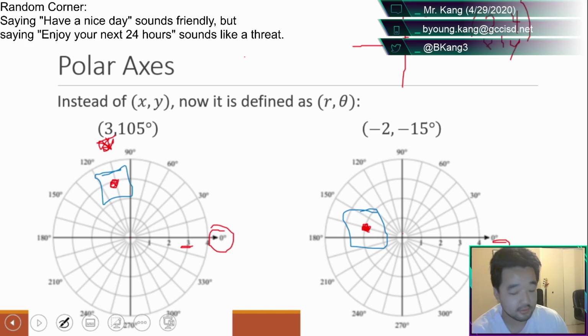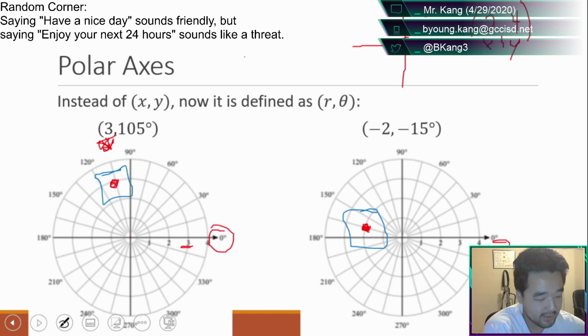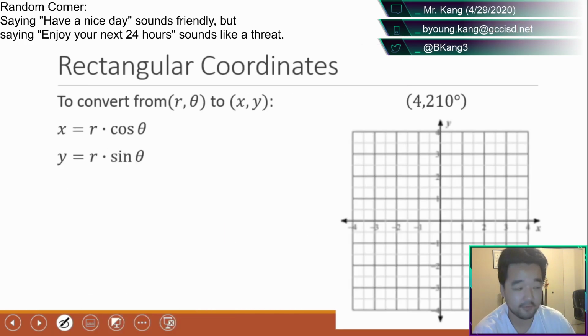The origin is still 0, 0 in both worlds, in x, y, and r, theta. So, for example, the second one we did, -2, -15 degrees. If I were to relate that back into x, y world, from the origin, I went left by some amount and I went up by some amount. The question is, how do you actually figure those numbers out?